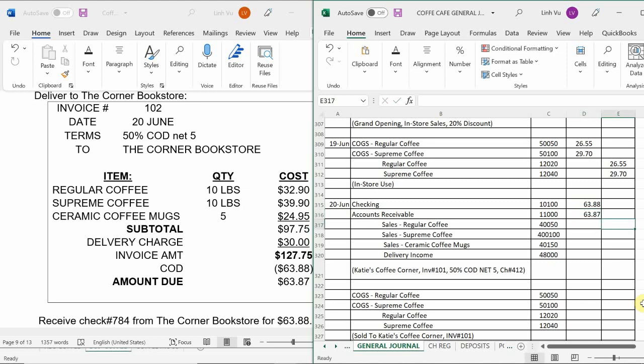Okay, how much was the regular coffee? $32.90. And how much was the Supreme coffee? $39.90. Okay, and then ceramic coffee was $24.95, and delivery charge was $30. So let's double confirm.